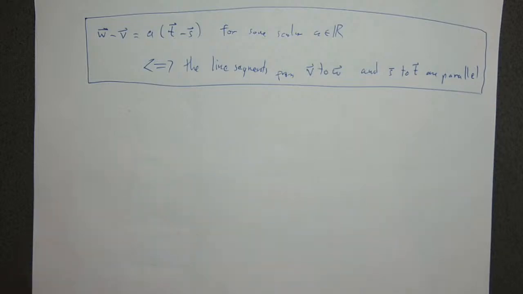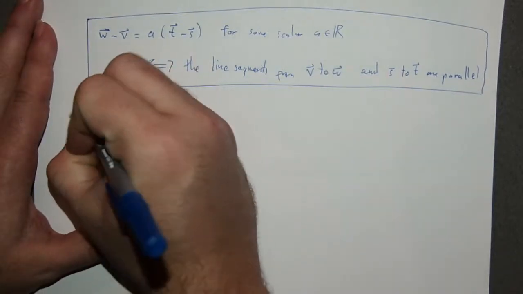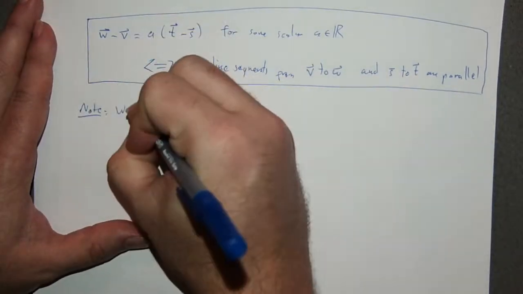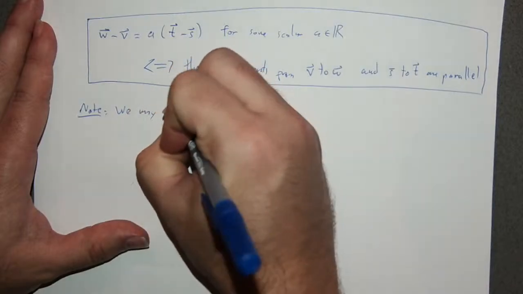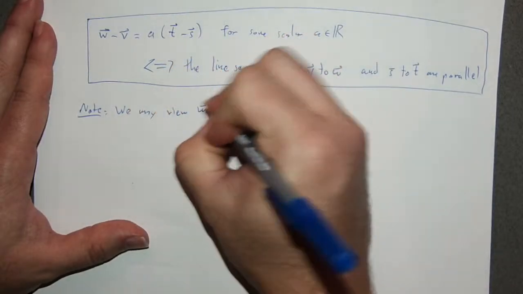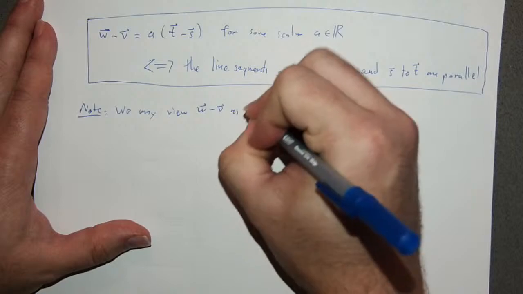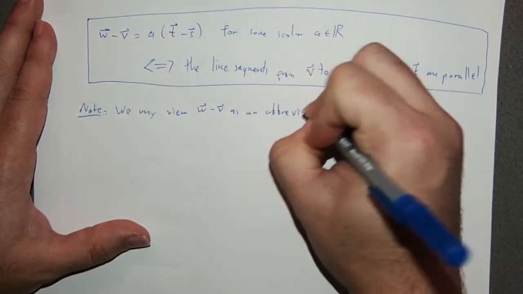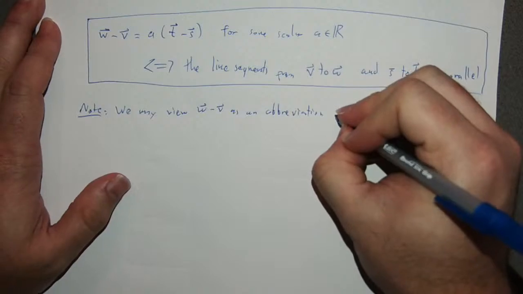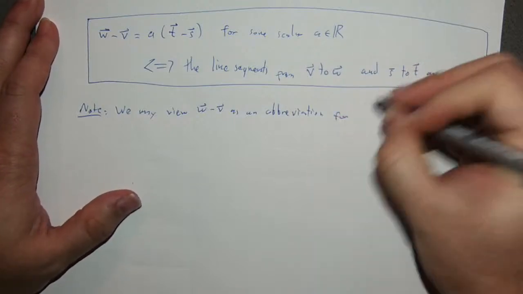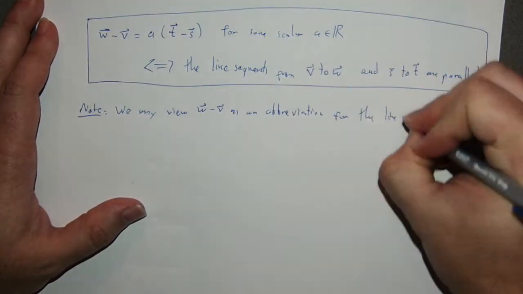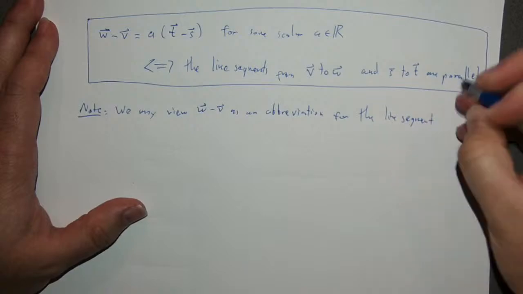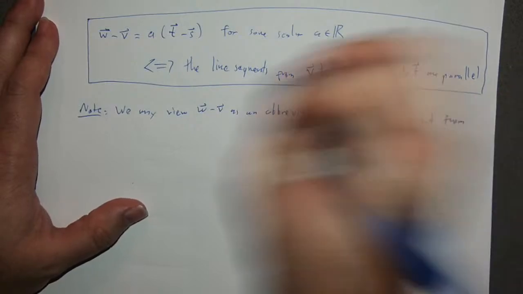All right. So note, we may view w minus v as an abbreviation for the line segment from v to w.